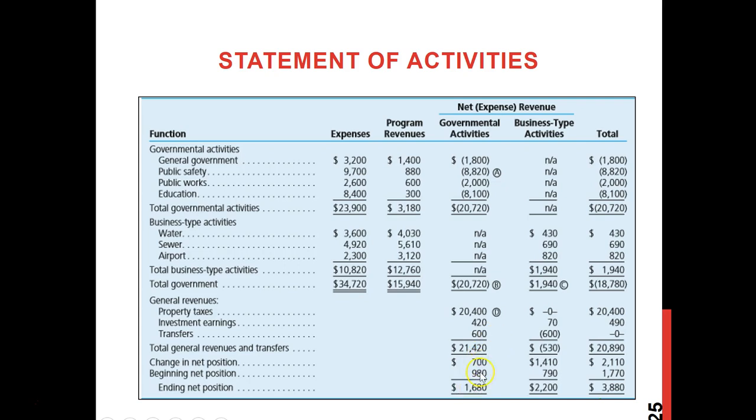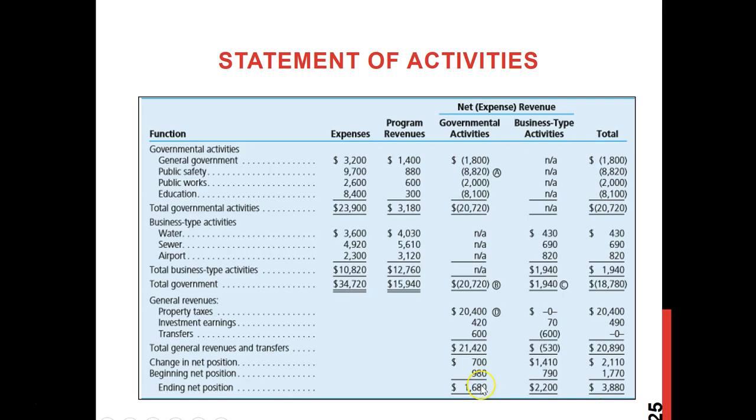Now they're going to add last year's amount from last year's balance sheet, or last year's statement of net position, which we call the beginning net position, which is 980, and this is how you will get this year's current net position, which is 1680.